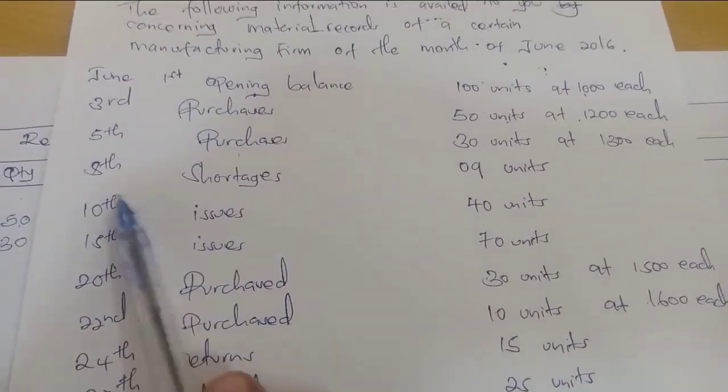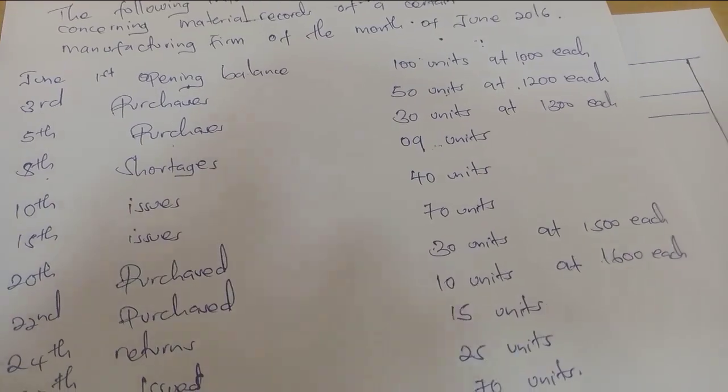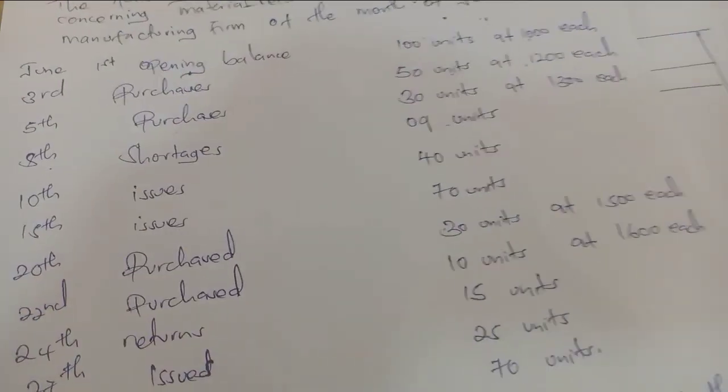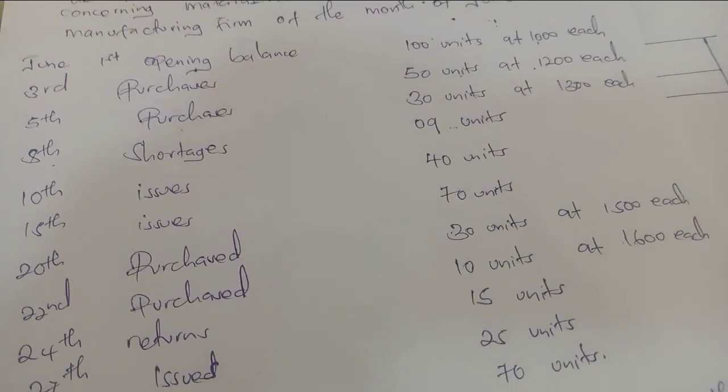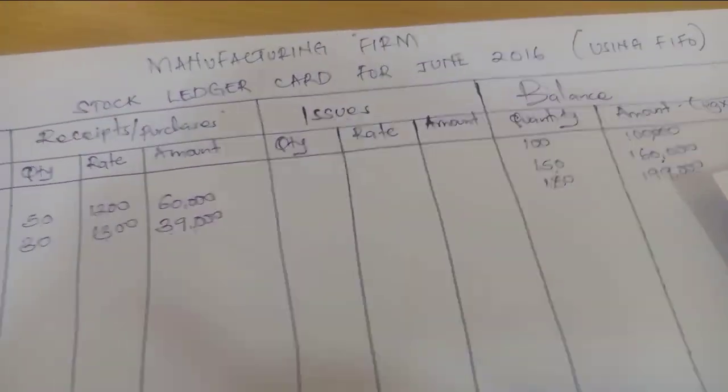Then on 8th, there was a shortage of 9 units, so this is like an issue. Shortages or losses, we put them under issues. So we come here and write the date, 8th.